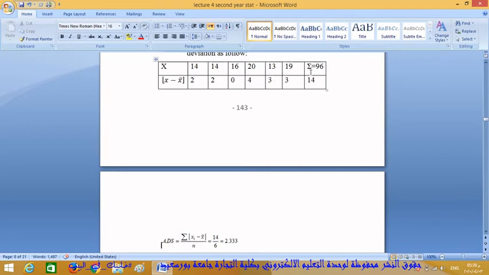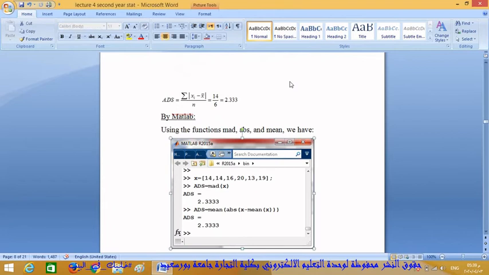The summation of the absolute deviations equals 14: 2 plus 2 plus 4 plus 3 plus 3. So the absolute deviation for a sample equals sigma of the absolute value of x minus x bar divided by n, which is 14 divided by 6, equal to 2.33.